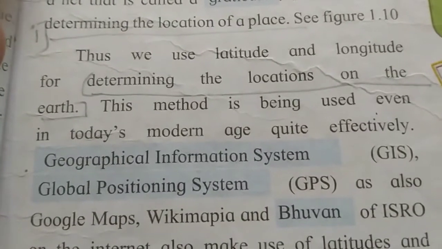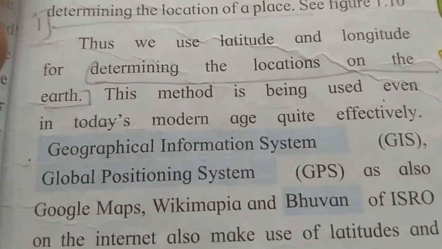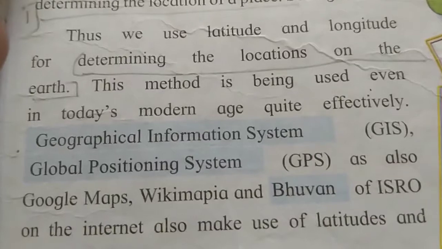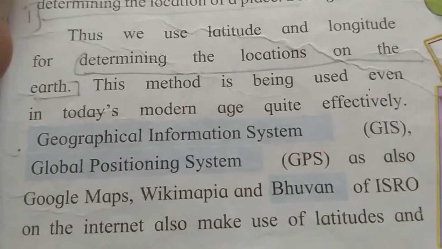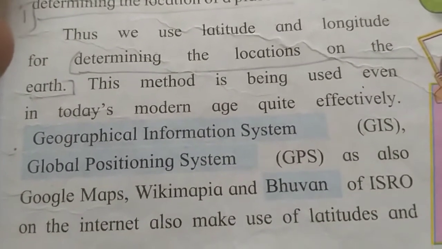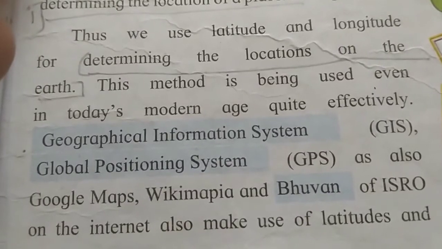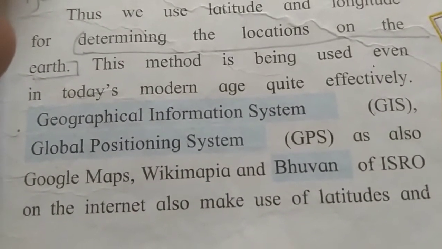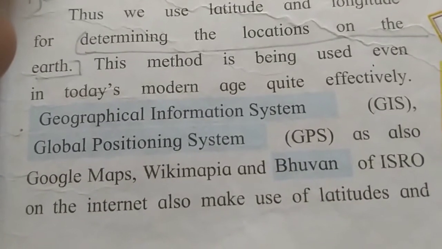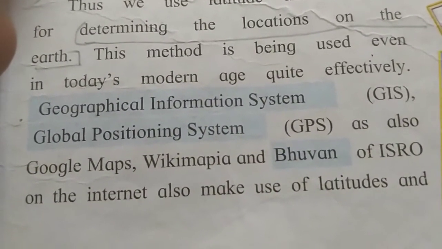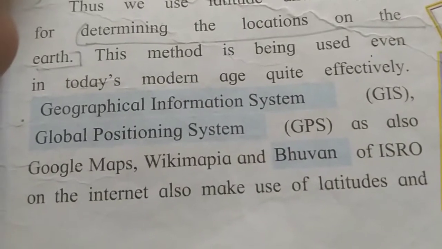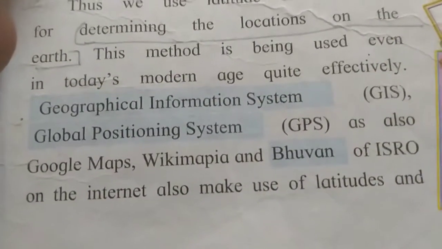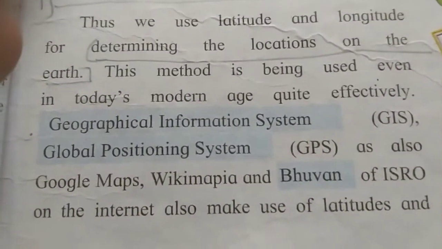Google Maps, Wikimedia, and Bhuvan. Bhuvan is ISRO's. It is created by the Indian government. It works the same as Google Maps or Wikimedia. It can be used for preparing maps and for locating a place on the earth.